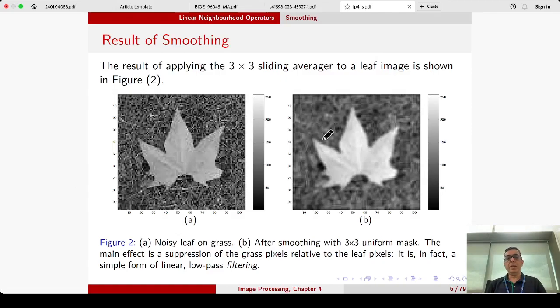So actually the smoothing operator cosmetically looks pretty good as far as the interior of the leaf goes. But there's something else I'd like to draw your attention to, which is the contrast between the leaf and the background. Here the leaf looks a bit darker than it does here.